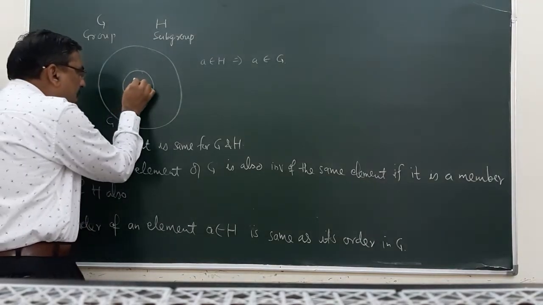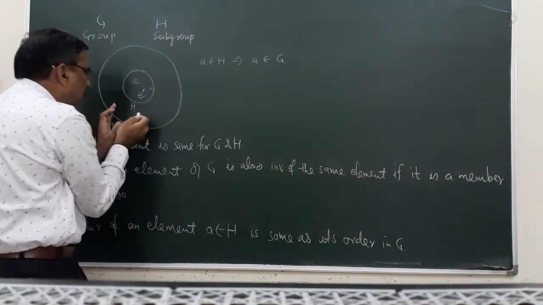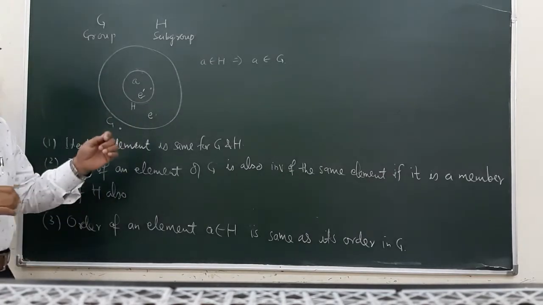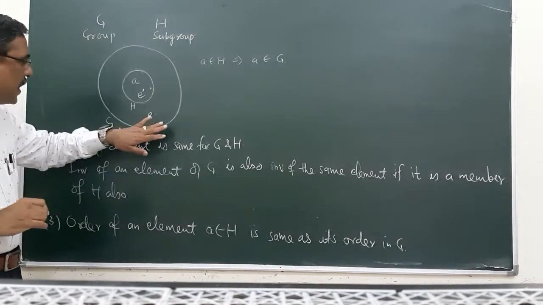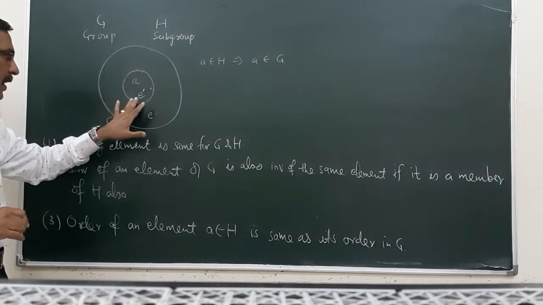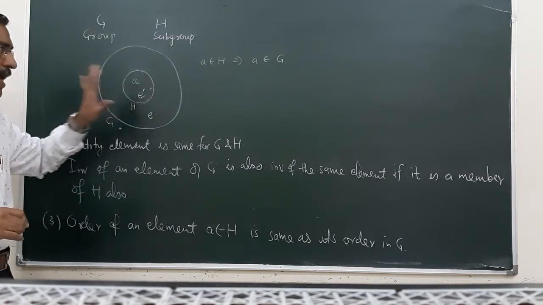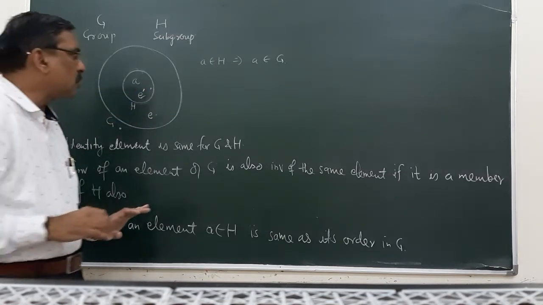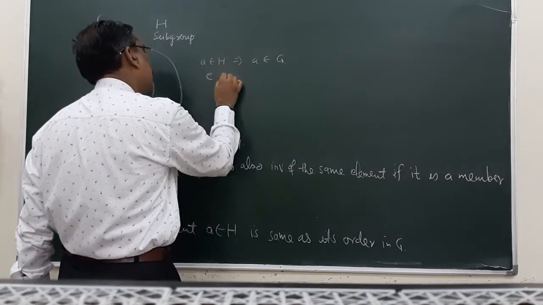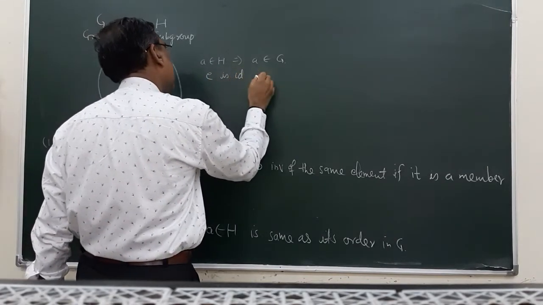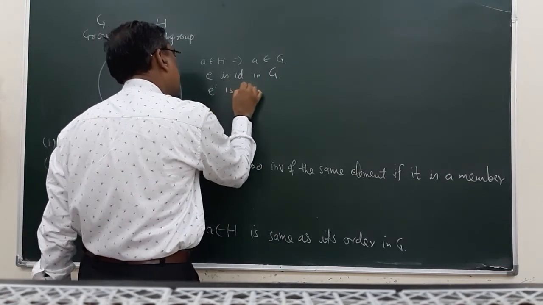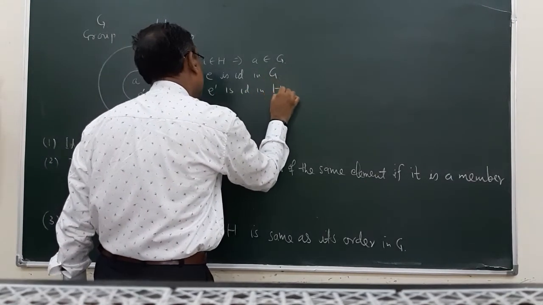And when A is a member of G, let us say its identity is E. So E is the identity in G, and E dash is the identity in H.